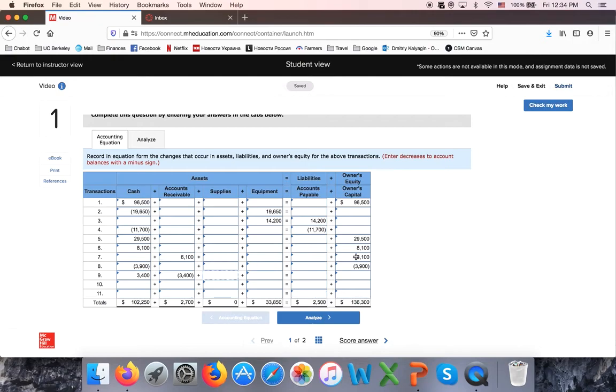It does not impact my revenue. The entire amount of revenue was already recorded. Make sure you understand it, the collection. And guys, again, cash is up, AR is down. What's the change to total assets? Nothing. Do I need to put anything on the right side? No. Because if you put anything on the right side, your equation will be off. Make sure you understand it.